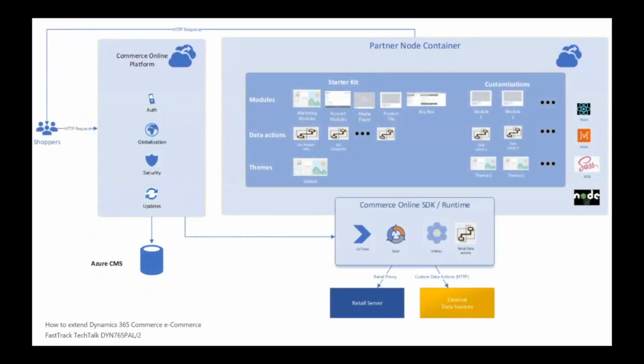The last slide I want to show before I jump into the demo is a general architecture. On the left, you have a shopper who's hitting your website, so an HTTP request comes in. Our Commerce Online platform will do the authentication because we support signed in or anonymous. Then for any globalization, it'll determine if there are any locales on the website and which site to load.